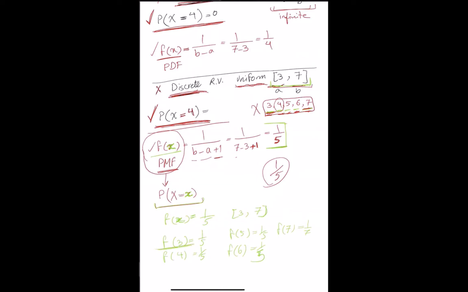Probability that x equals 3, probability that x equals 4, probability that x equals 6, probability that x equals 7. And we just said all of these probabilities are the same, and all of them are 1/5. So probability of x equals 4 is f of 4, which is 1/5. Okay?